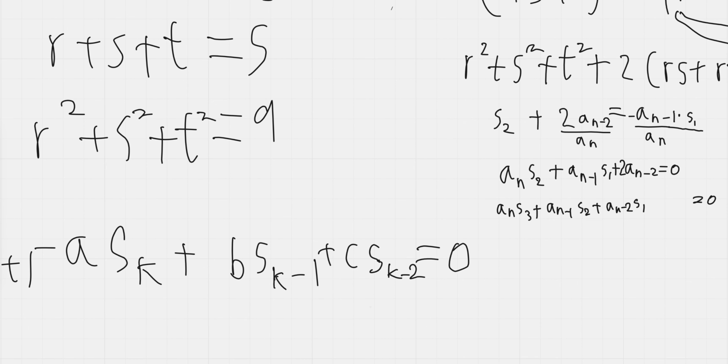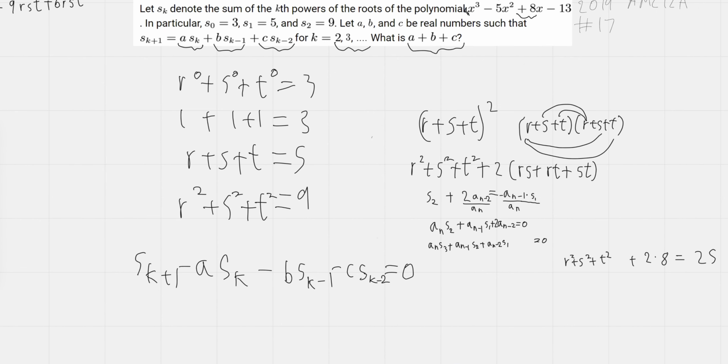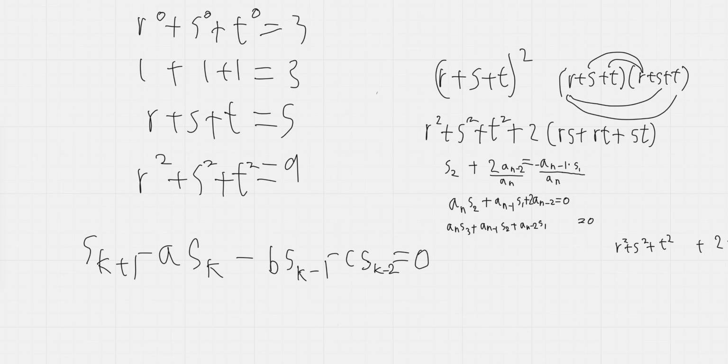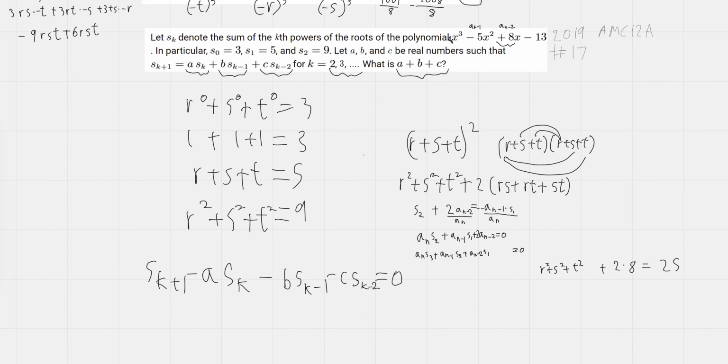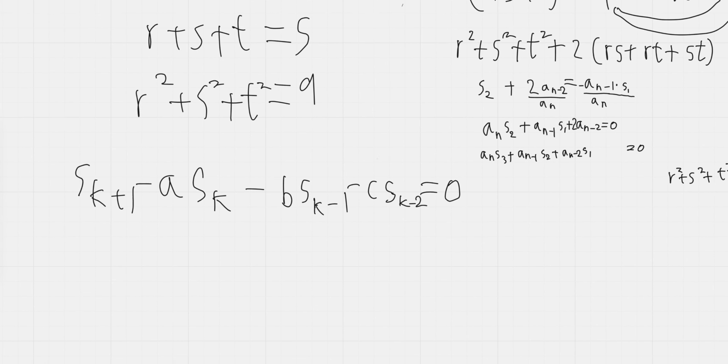And once again, I'm forgetting the signs. Yeah. So this is the expression that we're given, for k equal to 2 and 3 and so on.